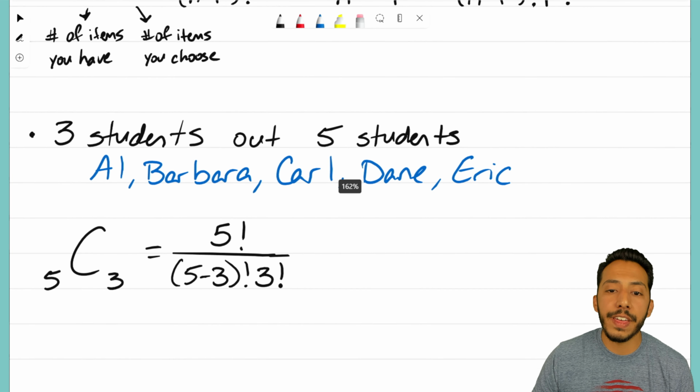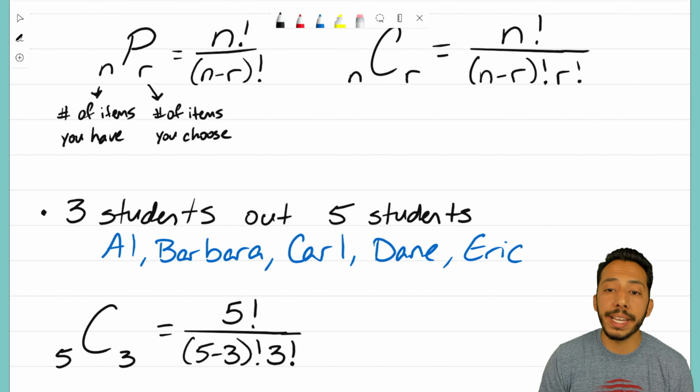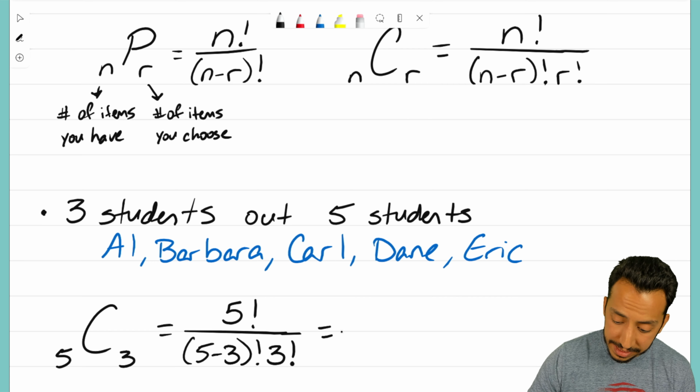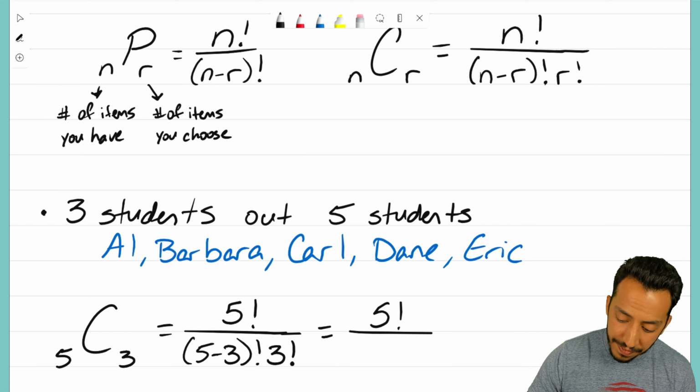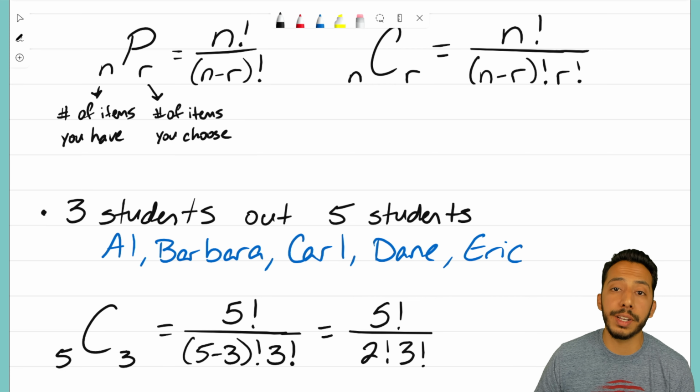Look at that formula there. I'm putting in my numbers that I need. I have n minus r, 5 minus 3 factorial, gives me the 3. And now I have to plug in the r factorial. This is going to simplify to 5 factorial over 2 factorial times 3 factorial.